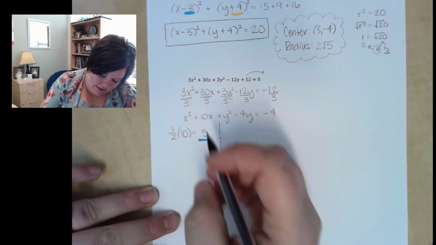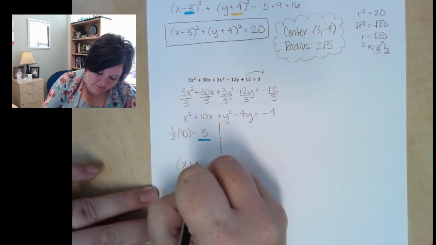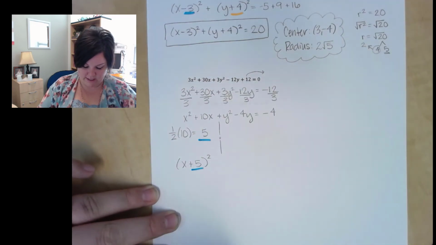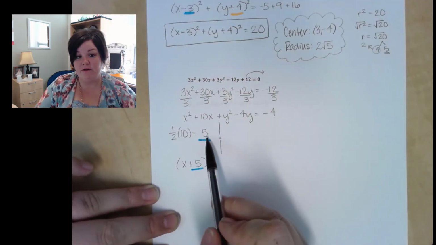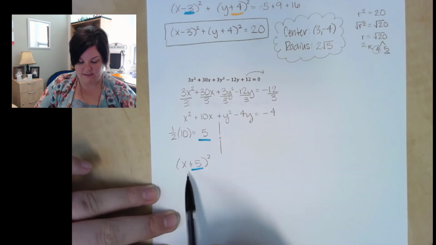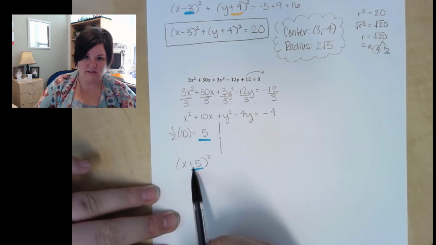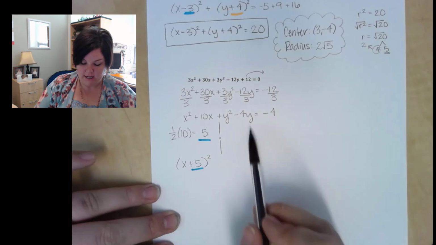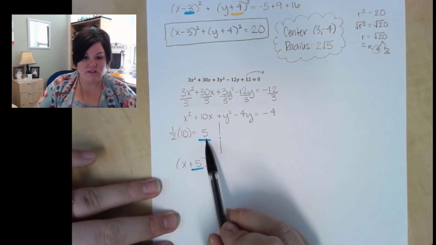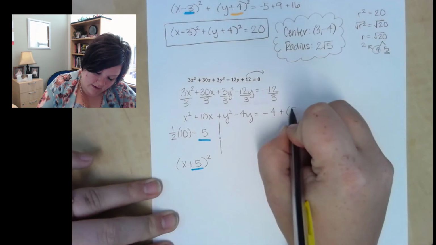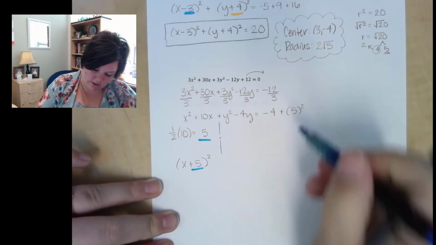So this is going to be the quantity x plus 5 squared. Notice whatever the sign is that we get when we take half of the middle term, that's also the sign that shows up here. So if this would have been a -5, we would have put x minus 5. And then we also need to take that 5 and square it and add it to the right-hand side. So we're going to add 5 squared over here.